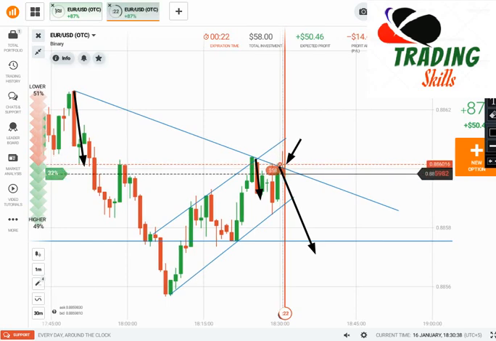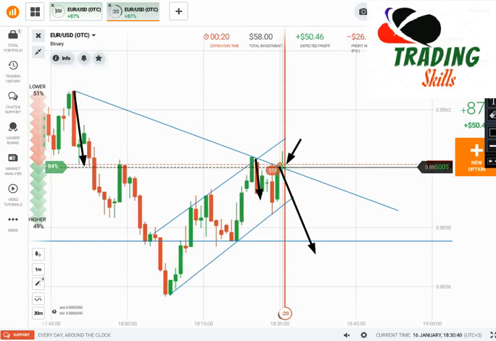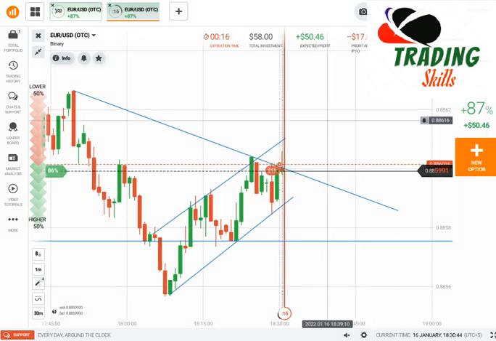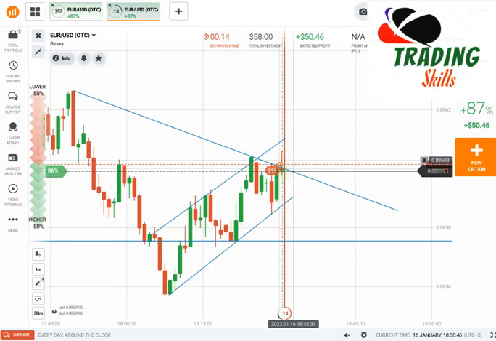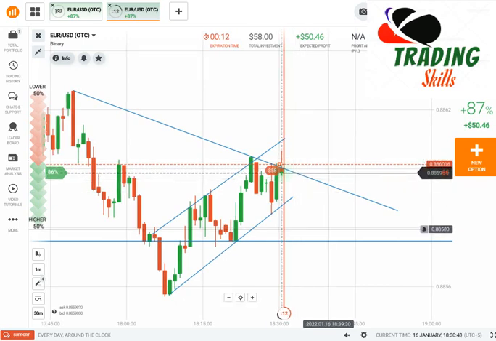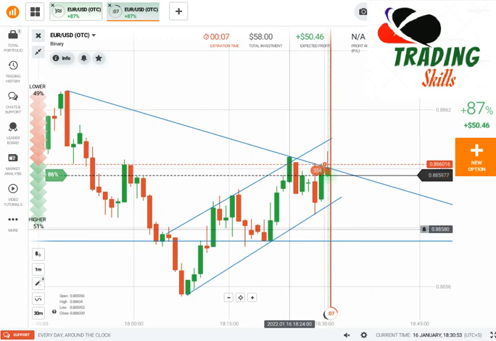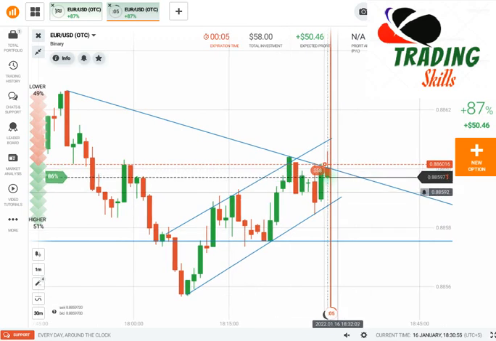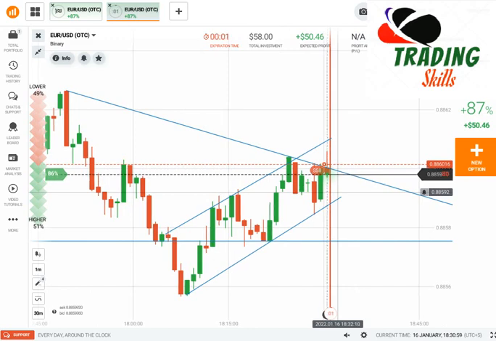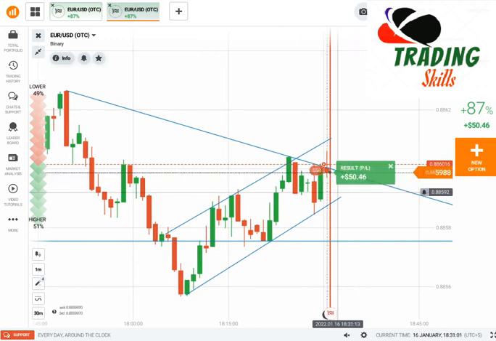The market will make a bearish candle. Okay, so we will get another winning trade. Okay, so you can see we won this trade also.